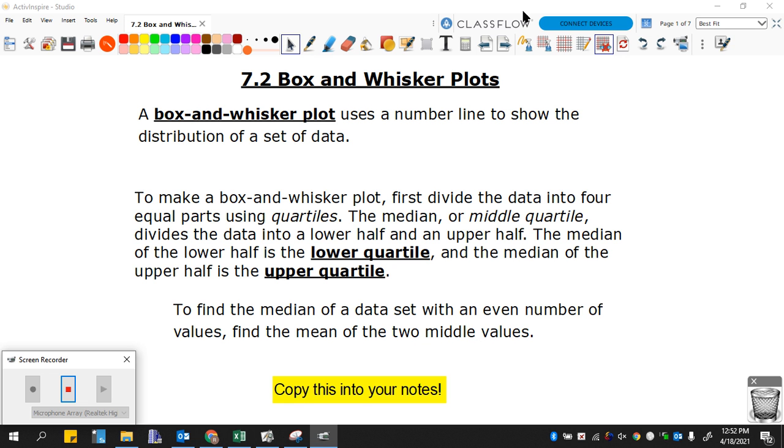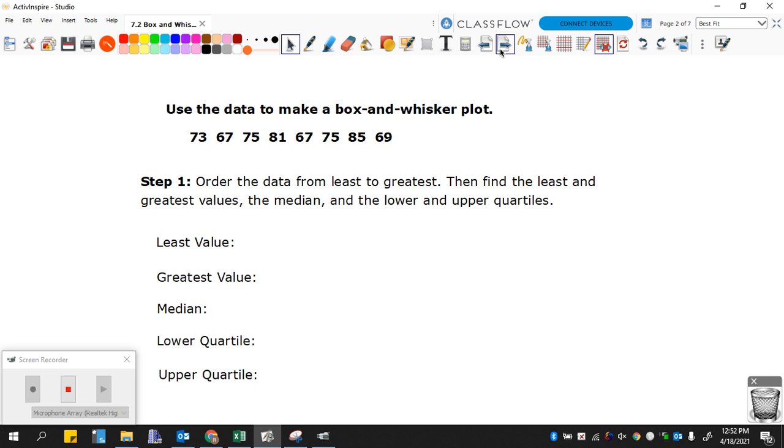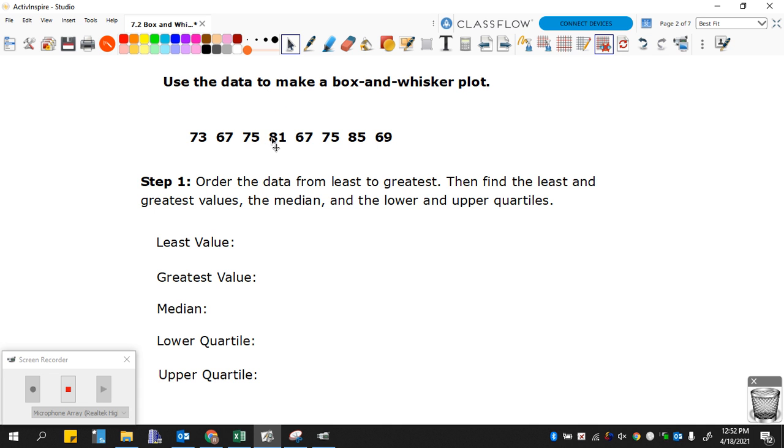All right, so we're going to do some examples here. The first step is to order the data from least to greatest, from smallest to largest. Looking at my data up here, my smallest value is 67, and we have 2 67s.